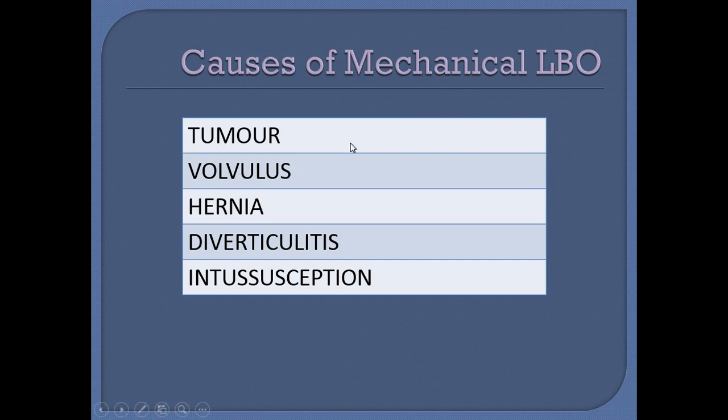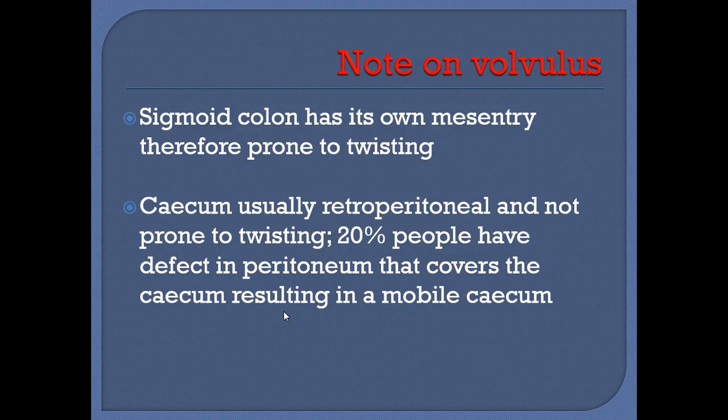Some causes of mechanical large bowel obstruction: it can be due to tumor, volvulus, hernia, diverticulitis or intussusception. Volvulus: the sigmoid colon has its own mesentery and therefore it is more prone to twisting.